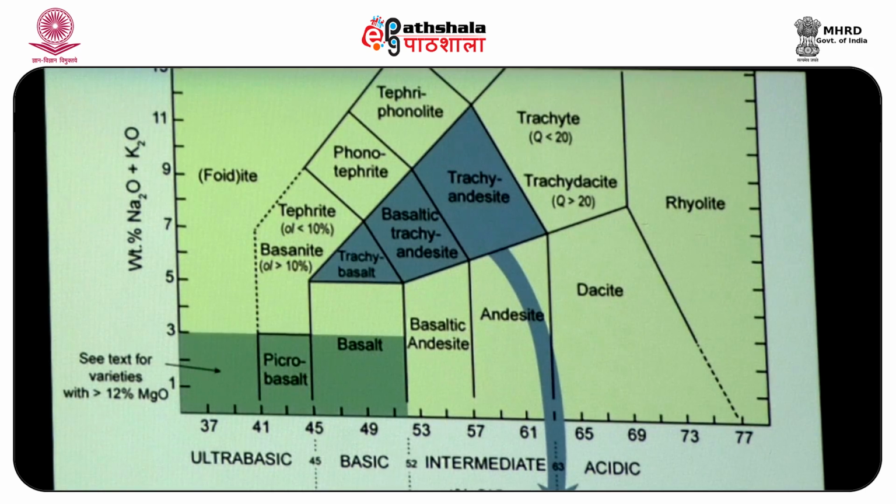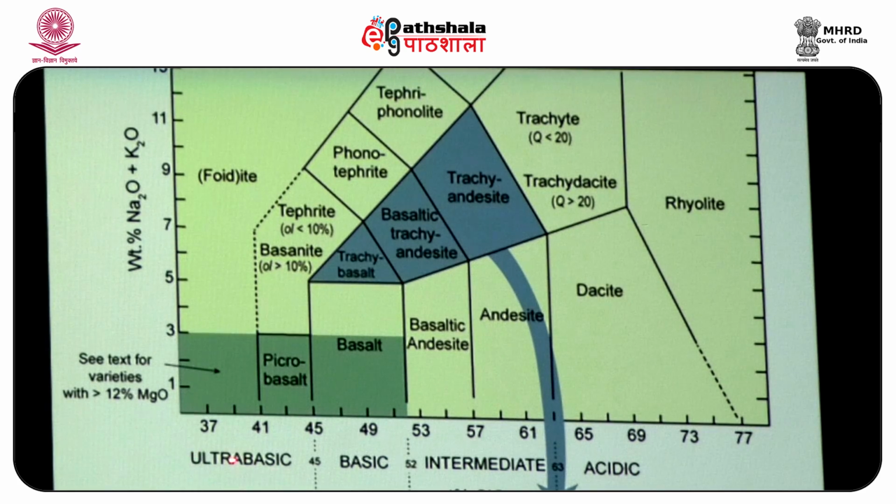So what we see here, like the earlier classification based on minerals present, is ultrabasic, basic, intermediate and acidic. Now we don't say ultramafic, because we say ultramafic when the minerals are identified. Here it is acidic and basic. Acidic rocks are more silica rich.